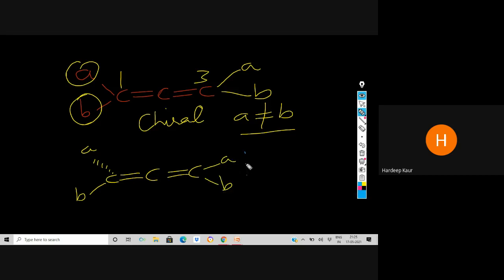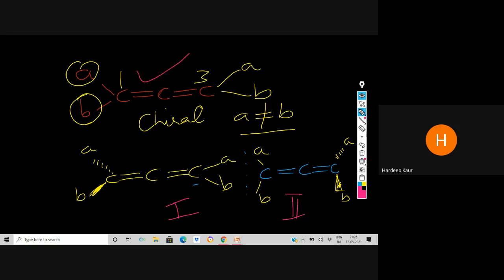So when we draw its mirror image, this side will come here, C double bond C double bond C, and we will be having A here, B here, and this one goes to this direction, and this B is here. We are drawing like this. So these structure 1 and structure 2 are non-superimposable mirror images. So for this reason, the allenes are chiral in nature and they exist as enantiomers.